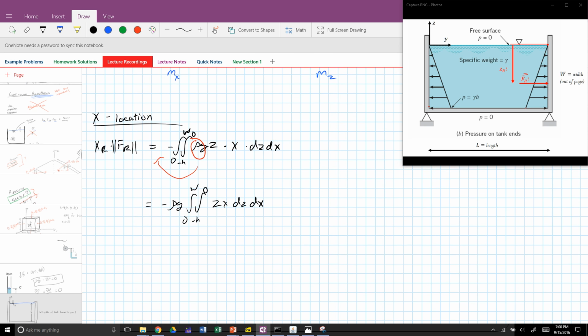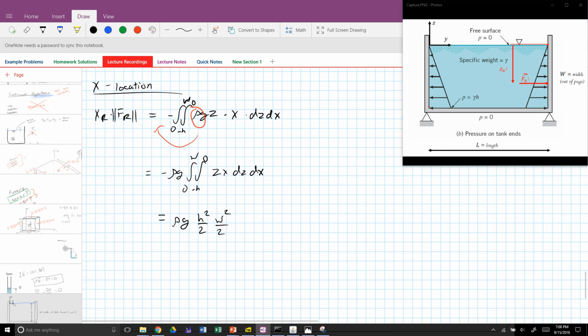Let's perform this integral, and I'm not going to go through the details, but what you'll end up with is rho g h squared over 2 times w squared over 2. Now remember, this is the total moment, the resultant moment, not the resultant location. Let's divide by the total force.